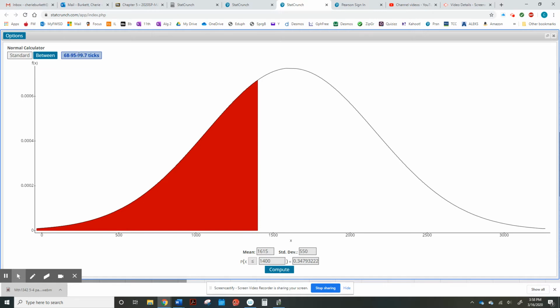Compute. Put your tick marks at those. This is what your picture would look like. 1,615. Subtract 550, subtract 550, subtract 550, add 550, add 550, add 550. And then there's your probability that's less.